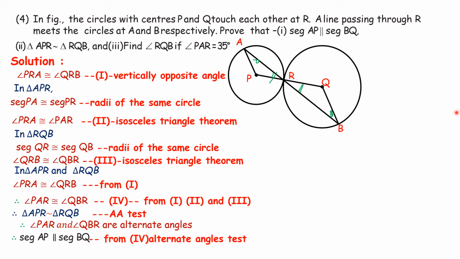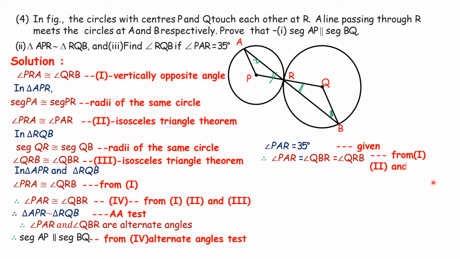Now, third part. Angle PAR is equal to 35, given. Angle PAR is equal to QBR and angle QRB from 1, 2 and 3. Therefore, in triangle QRB or RQB, angle QBR is equal to angle QRB is equal to 35 degrees.